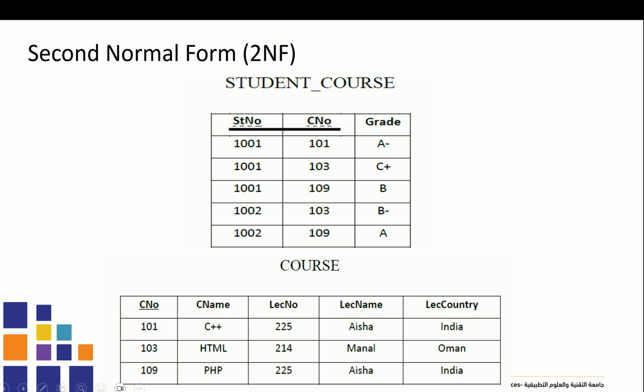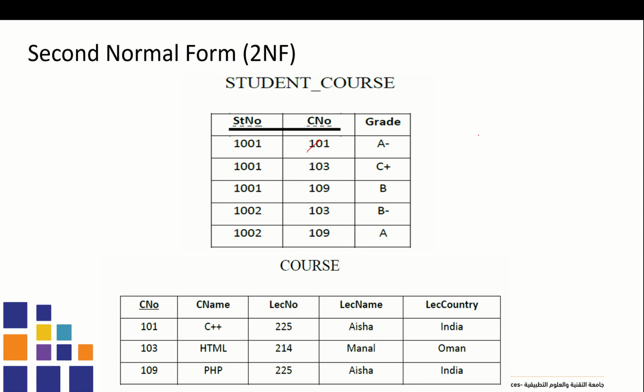See the final table here. Can you see here? Student number, course number, grade in one table. This is fully functionally dependent. I put in one table, and the remaining attributes, course number, course name, lecture number, lecture name, lecture country will be in another table. Okay.